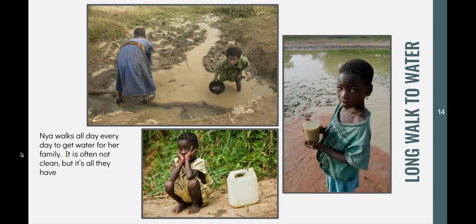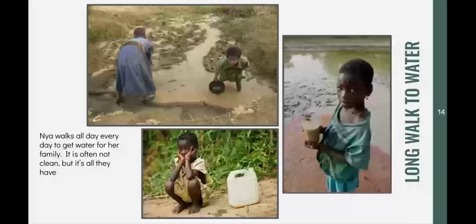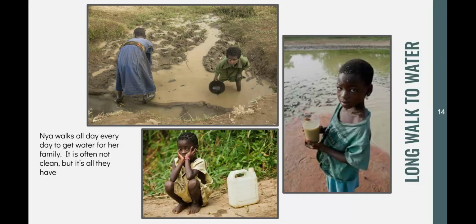Now coming to Naya's story, because I don't want to say too much more about Salva. Naya spends all day, every day. She literally walks to a pond, gets water, walks back to her house, drops off the water, walks back to the pond, gets water, and walks back to her house. And that literally takes her all day long.